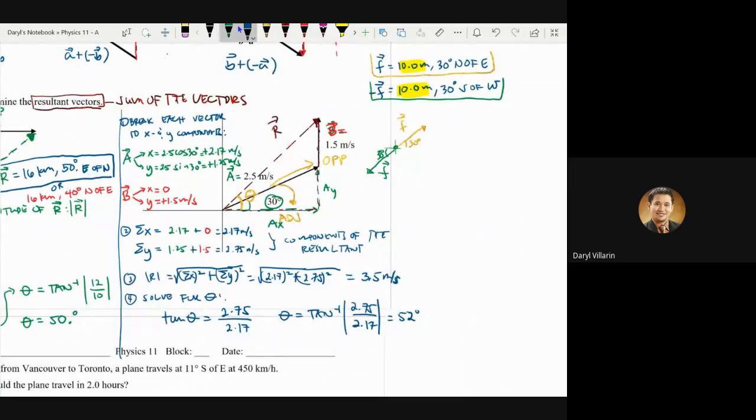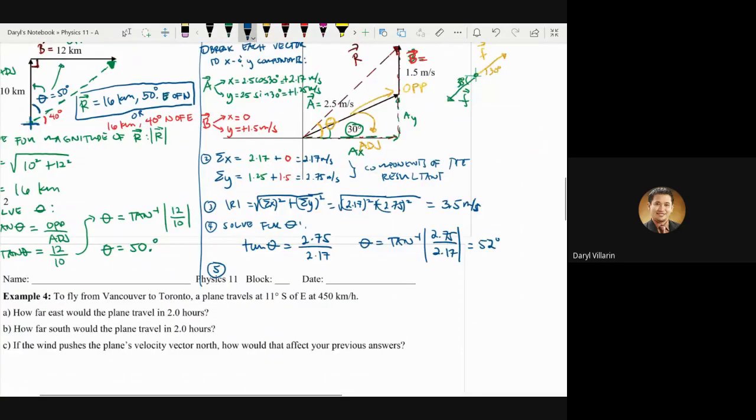So finally, you write your answer as the resultant in vector form: 3.5 meters per second at 52 degrees.